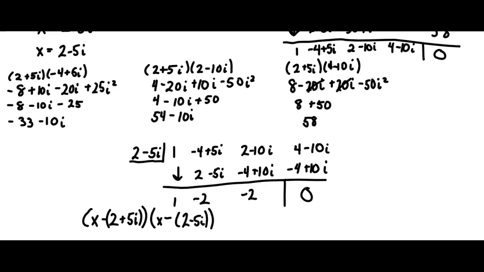And then we're left with x squared minus 2x minus 2. I'm sorry, ignore what I said earlier. Our original function was actually x to the 4th, so these are going to be x squared minus 2x minus 2.